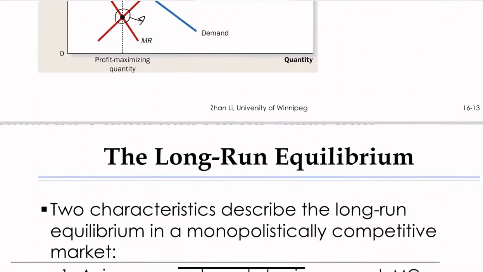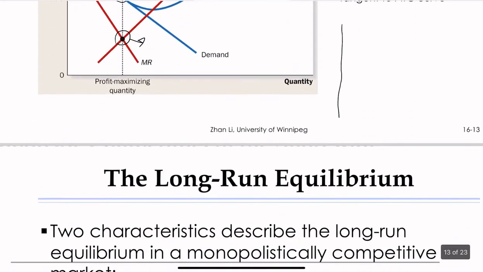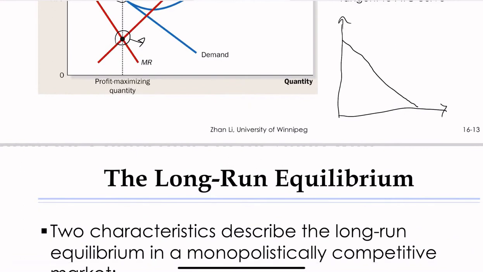Now, how do you draw this picture here? Well, you should always start with the demand curve. Similar to the process we had when we were talking about the monopoly market. And then you will get the marginal revenue curve. And then you will look at the marginal cost curve.